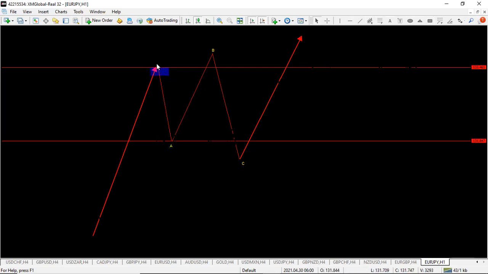So it comes and takes it away at this point. And then also C comes and takes away the low here at this point. So that's an irregular flat or an expanded flat. So actually what I'm saying, this is an expansion. So it was expanded here. So it's an irregular, it's not a regular flat.